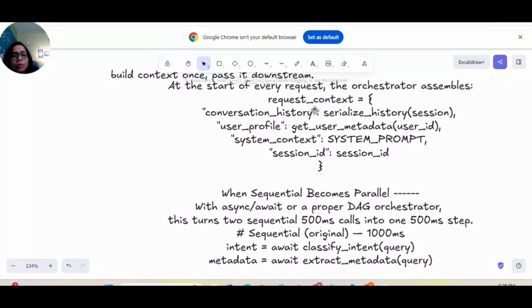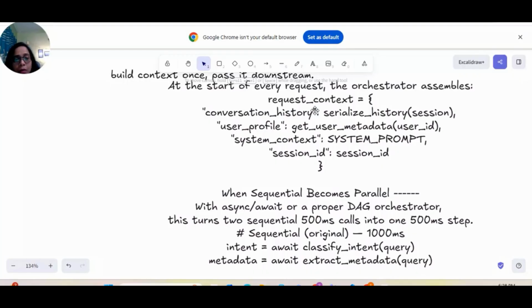So we build once and feed all three, at the time of orchestration assembly. Every downstream component receives this object and reads from it. Nothing refetches, nothing reserializes, okay?